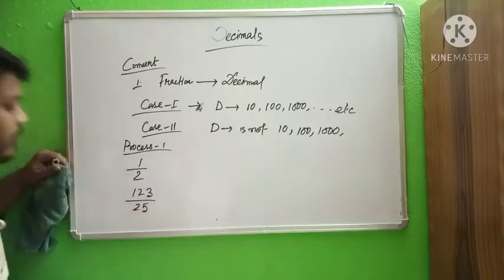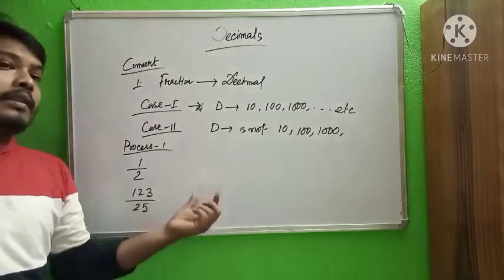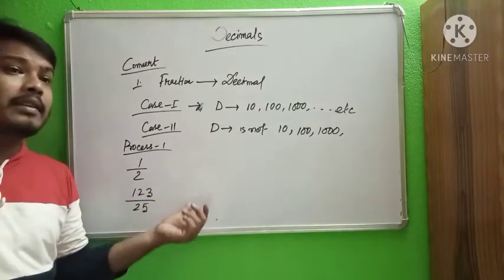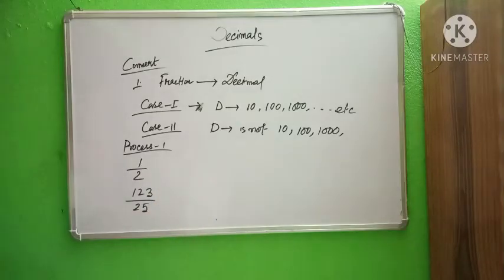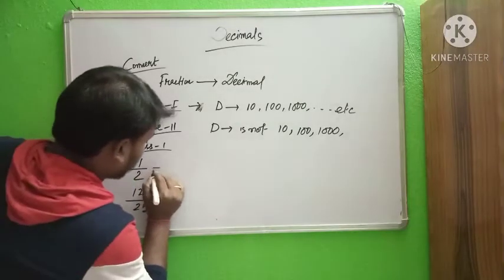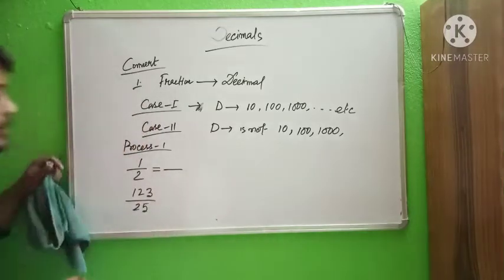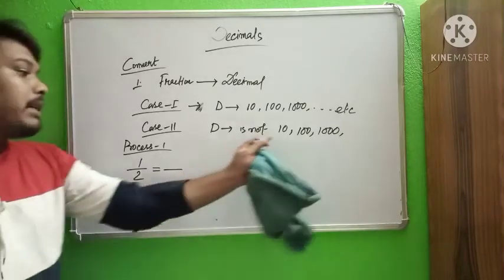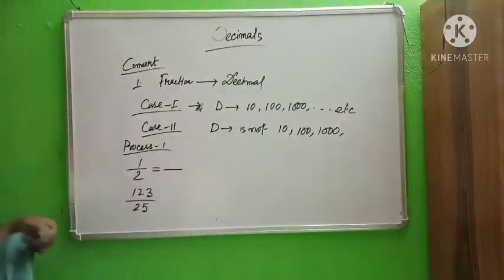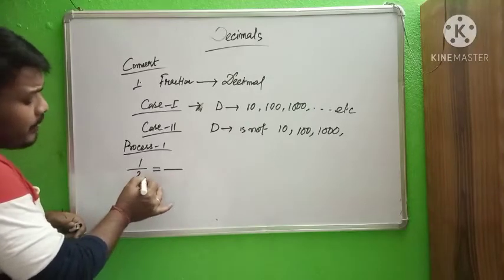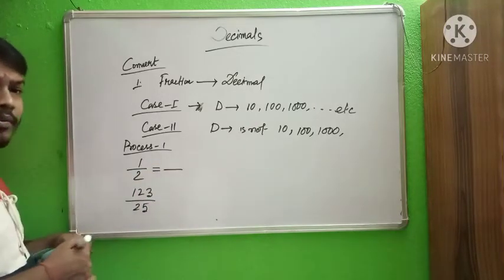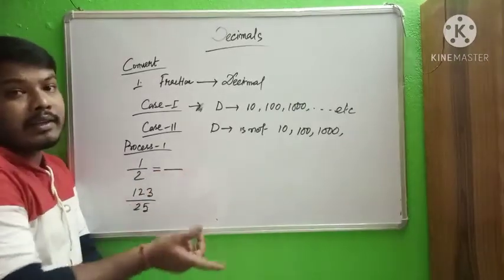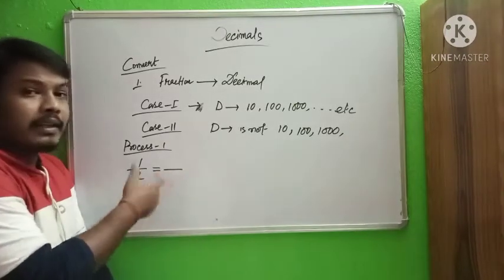In the chapter fraction in the previous class we already learned how to convert the fraction into an equivalent fraction. So first we convert the fraction into an equivalent fraction with denominator 10, 100, 1000. If we multiply 2 by something, is it possible to get 10 in the denominator? Yes, possible.